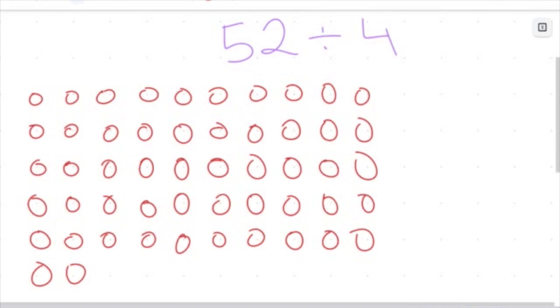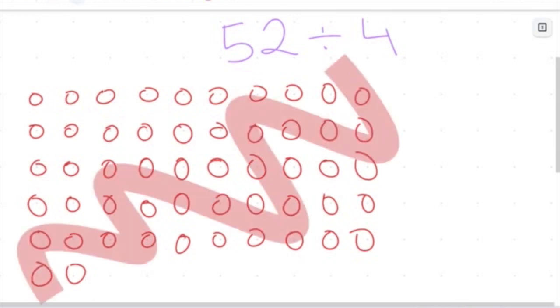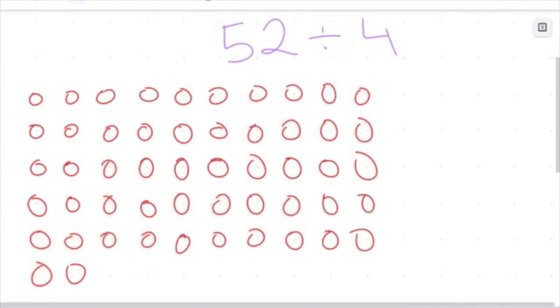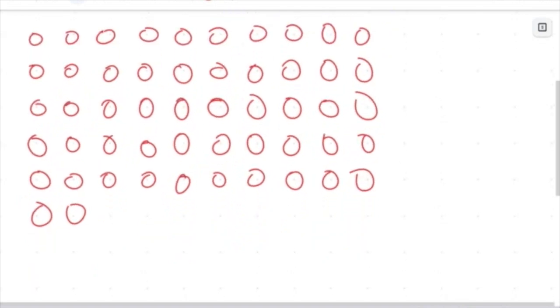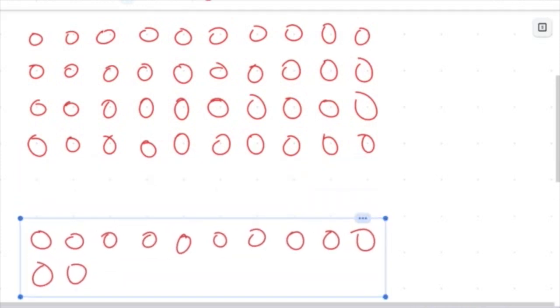Since I don't know what 52 divided by 4 is, why don't I split this group up into some smaller bite-sized pieces that we may be able to work with. So instead of doing my entire 52 here, why don't I just split this up, shift these down a little bit, and work through down here.